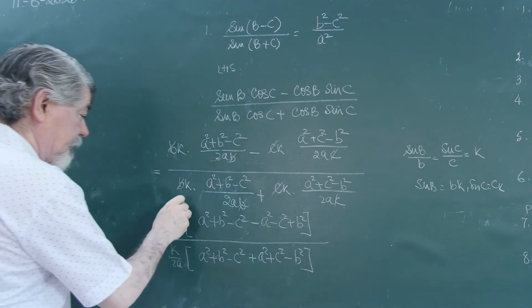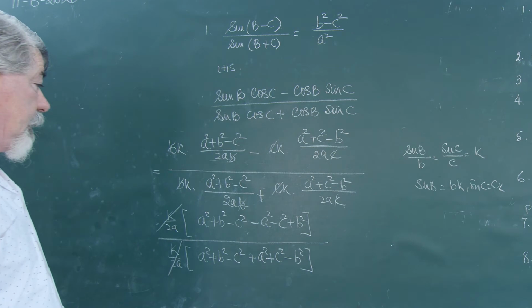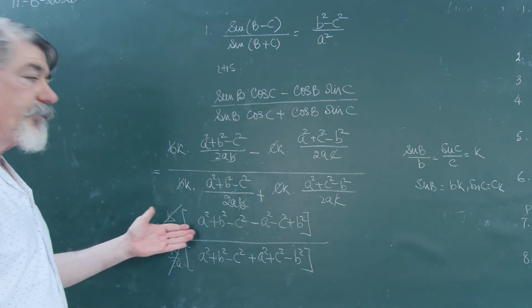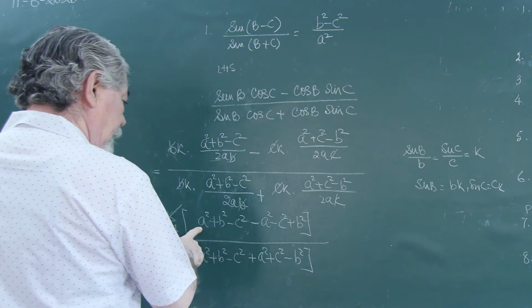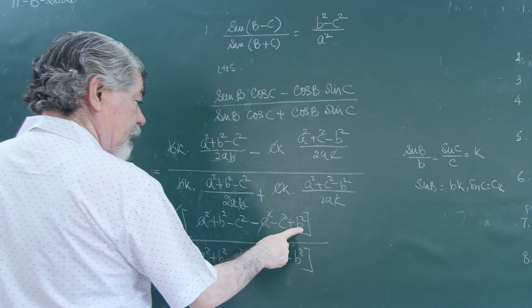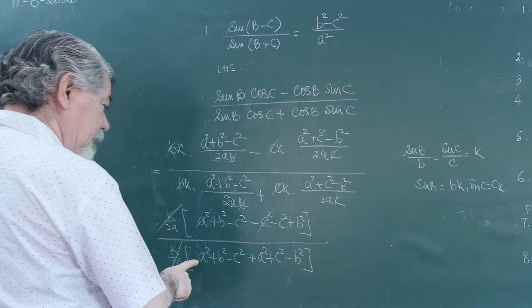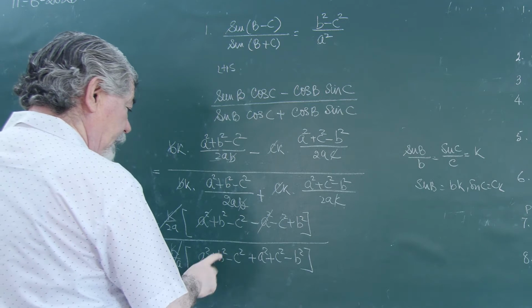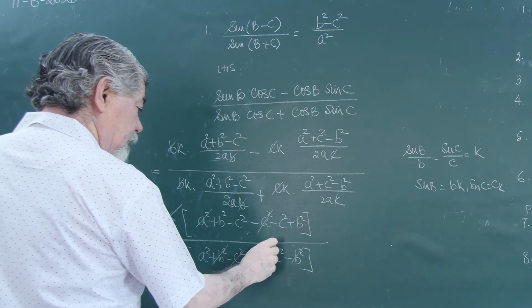Now the k upon 2a will cancel from numerator and denominator because they were multiples. Now let us see what I can cancel. In the numerator, a square and minus a square cancel, and I'm left with b square plus b square, minus c square minus c square.